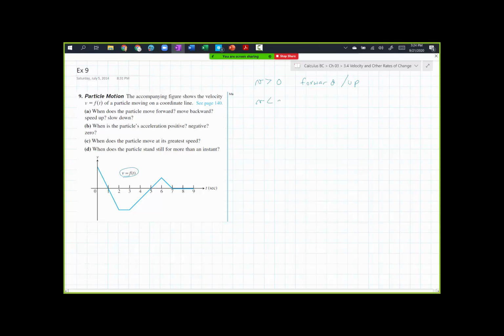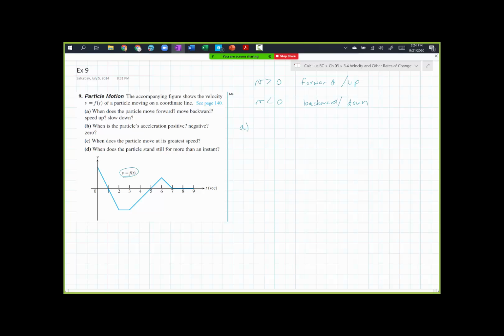When velocity is negative, we are going backward or down.